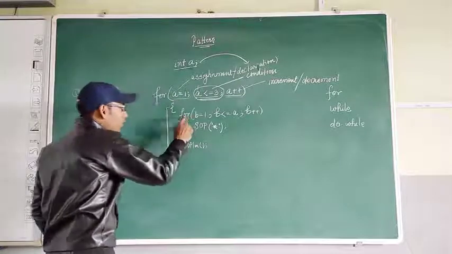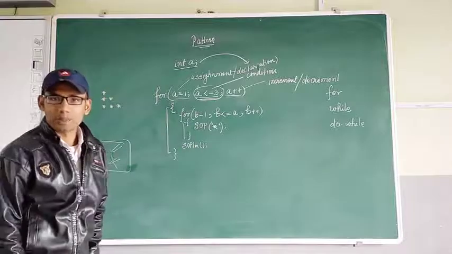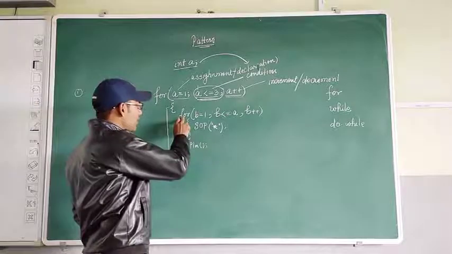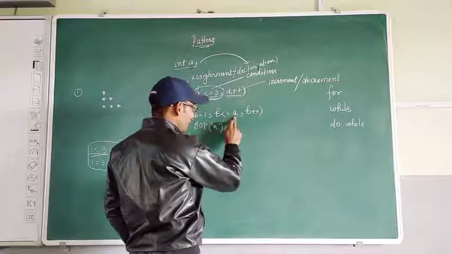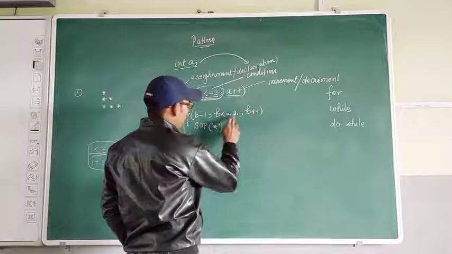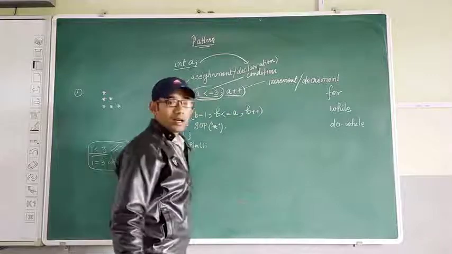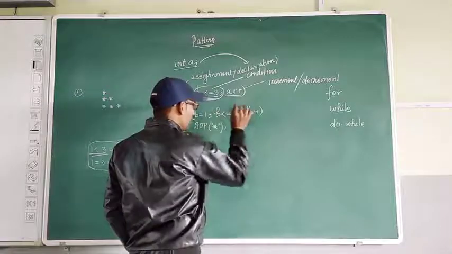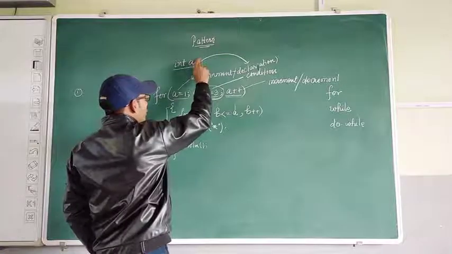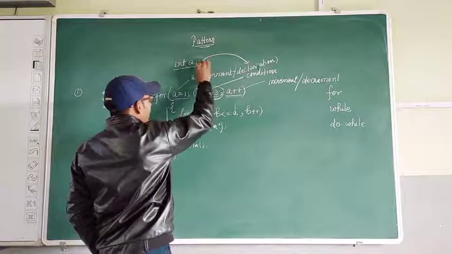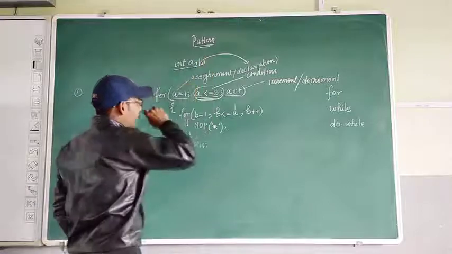Again, one more loop is there: for b is equal to 1, b is less than equal to a, b plus plus. What is the current value of a? 1. Now, one more variable is required over here. Why? Because we are going to utilize b also.